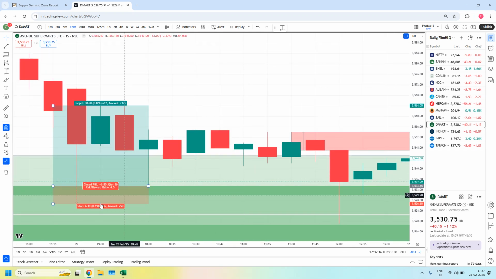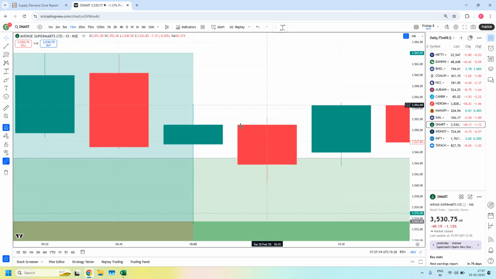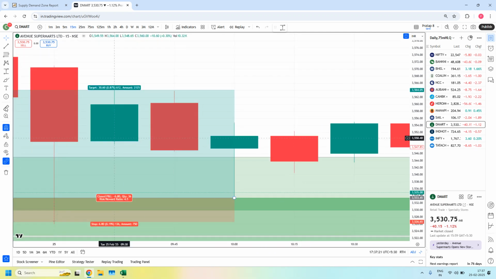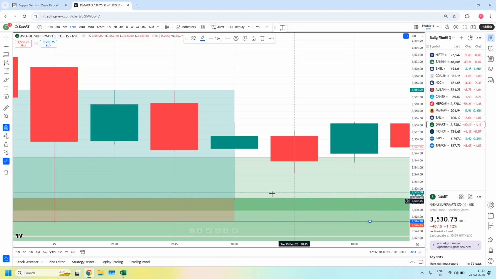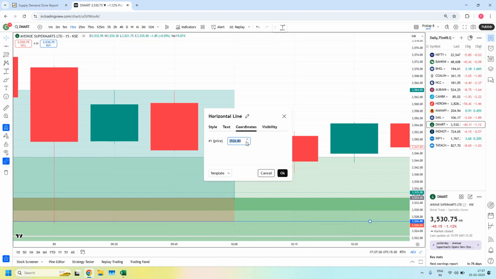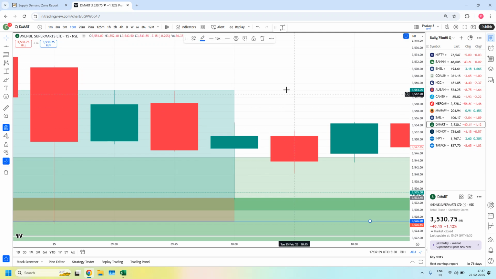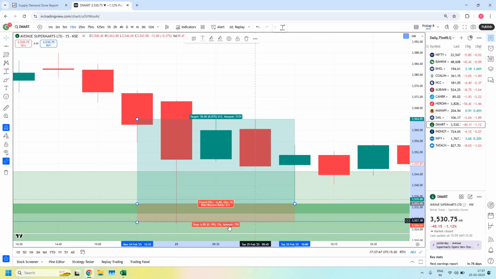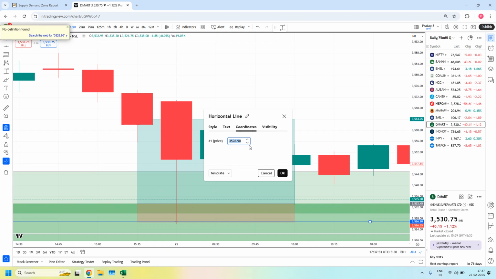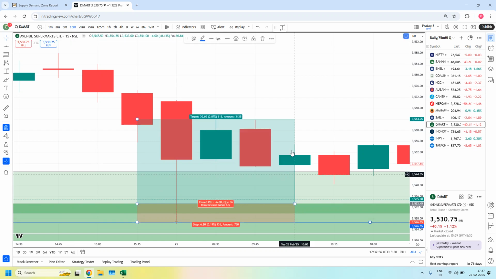But see here, a small wick below your stop buffer. Let me draw a horizontal line to make it very clear. See, this is our stop buffer, 326.65.